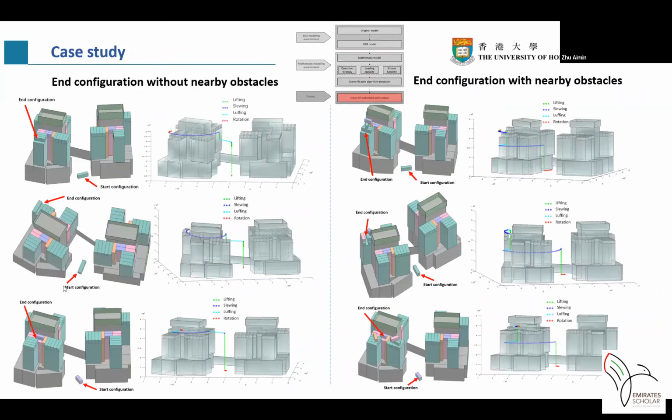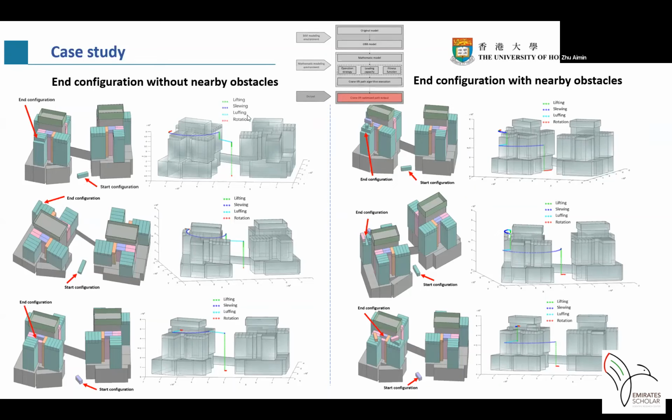And these 6 pictures illustrate our 6 experimental scenarios. The first three pictures on the left are the end configuration without nearby obstacles. And the last three pictures on the right are the end configuration with nearby obstacles.